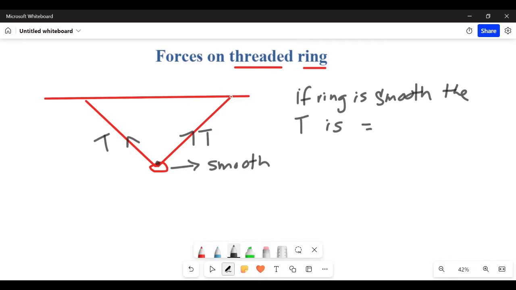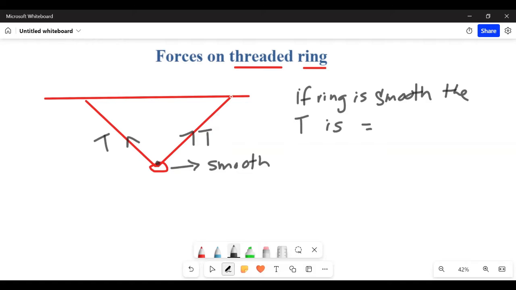If it isn't mentioned that the ring is smooth, then the tension would be unequal. You will have to call one tension T1 and the other one T2. So for a smooth ring, the tension on either side of the string is the same.